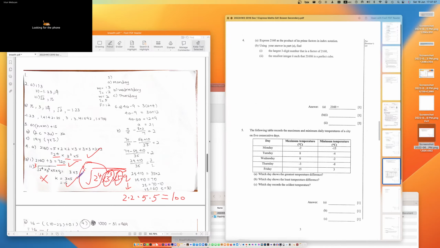The smallest integer and the biggest integer: well, the biggest can be many things. There is no biggest, only the smallest. Why? Let me show you. Why do they always ask for the smallest and not the biggest?